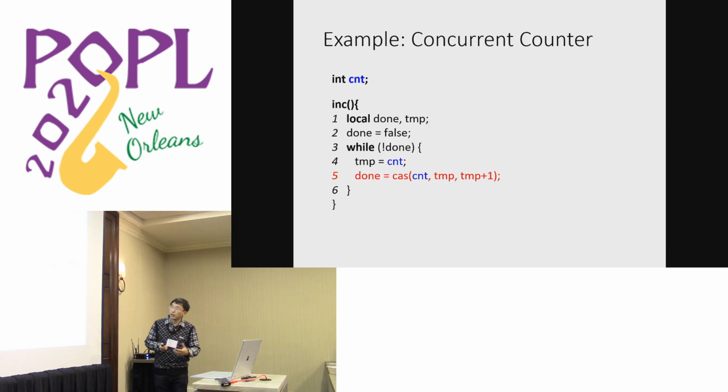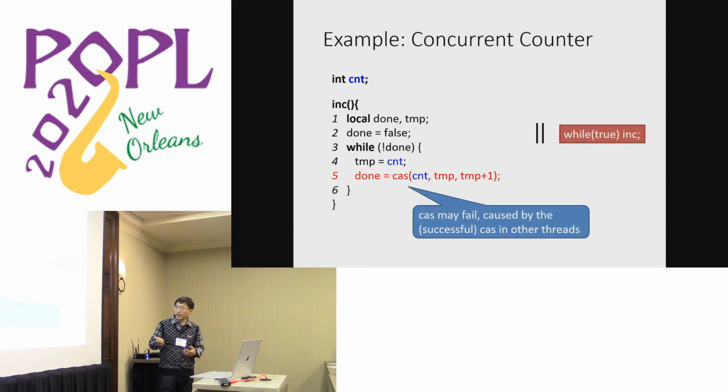So I can show you this counter example. In this case, the CAS may fail because it may be interrupted after line 4. If there's another thread that, in an infinite loop, calls inc, then this CAS may always fail.